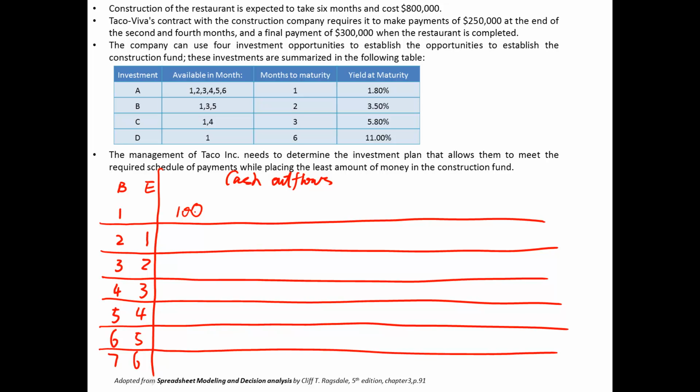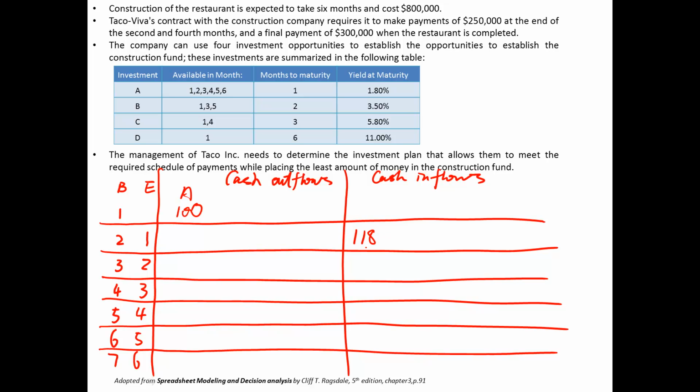If we put $100 here in A, that's the cash inflow. Then how much do we get at the end of the month? 118, right?